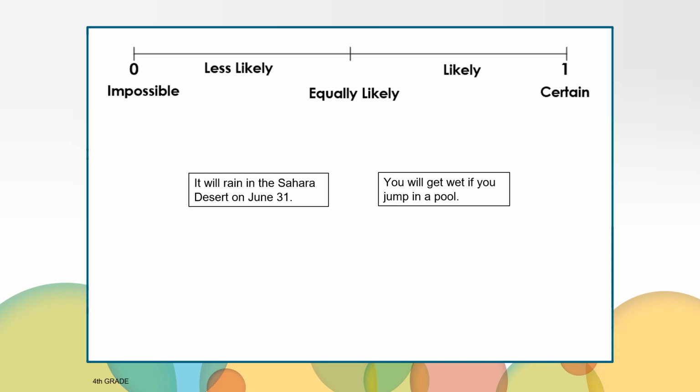It will rain in the Sahara Desert on June 31st. Put your mark on the number line and write the word Sahara underneath it.